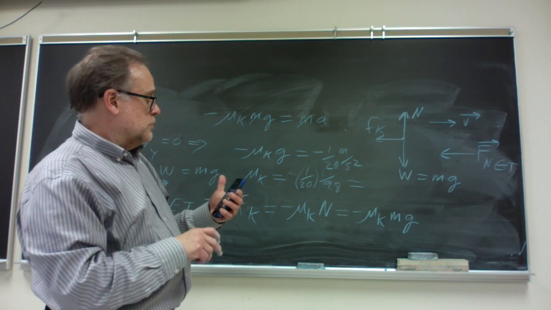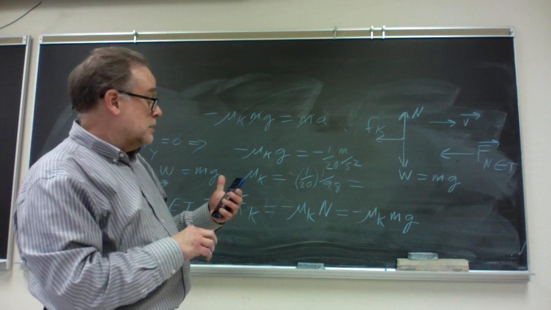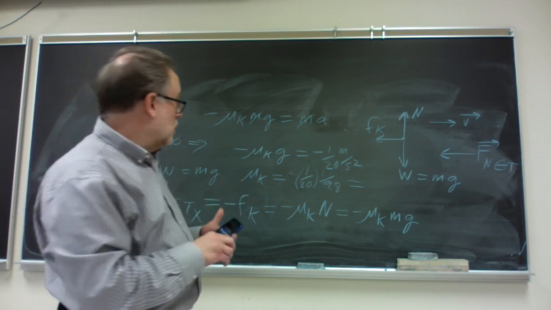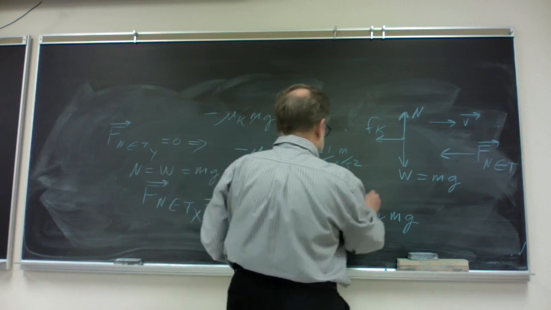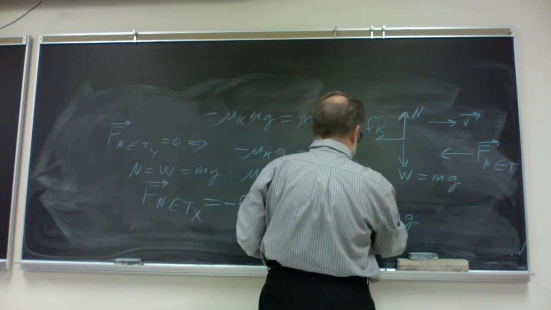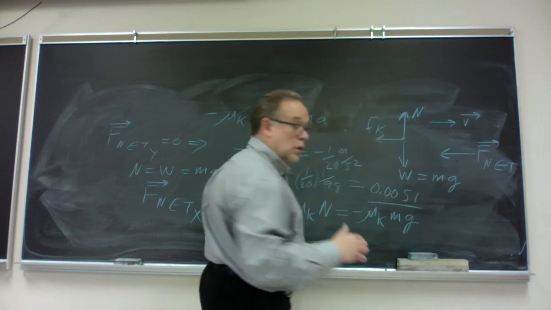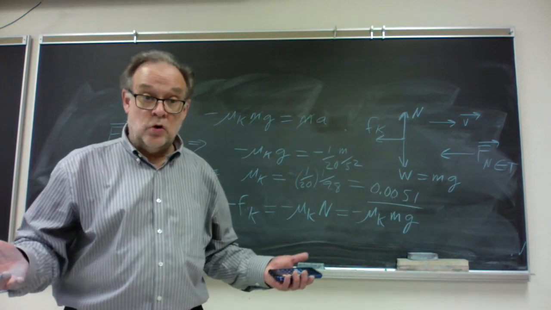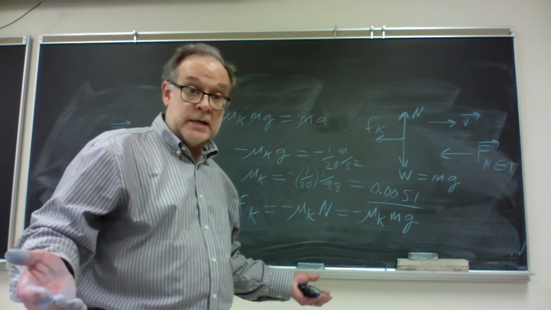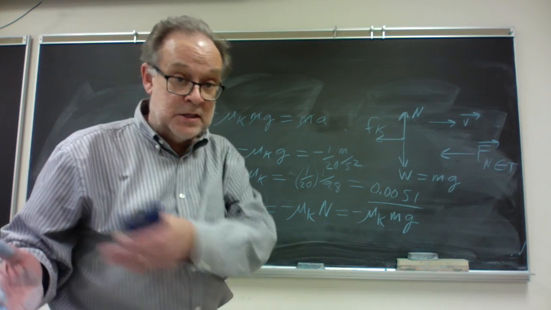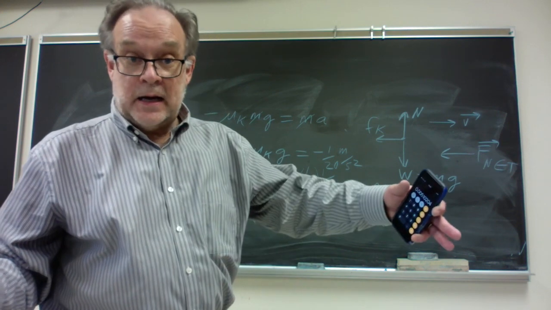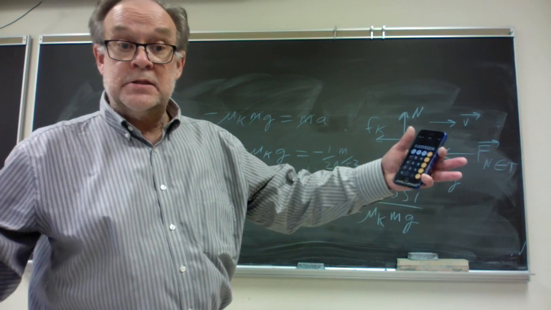And then the coefficient of friction then is 0.0051. A really, really small coefficient of friction, which is exactly what it's supposed to be because the stone is sliding on very, very smooth ice.